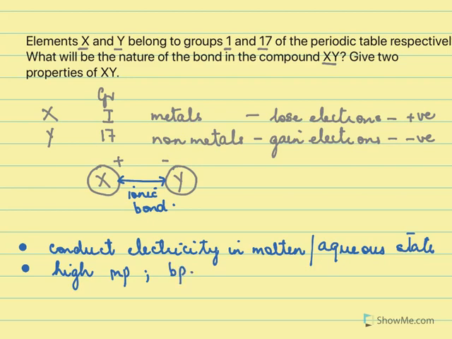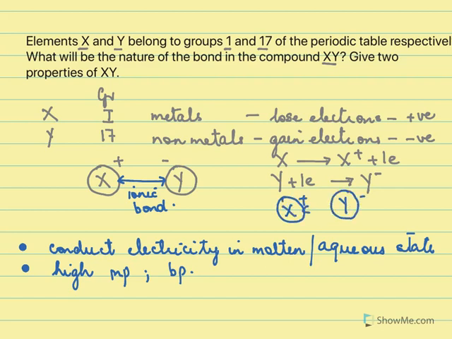To get more details into this, X will lose one electron. It will have one valence electron, and it will lose one electron, while Y will have 7 valence electrons. It will gain one electron and become Y minus. And then the X positive and Y negative will attract one another by ionic bond.